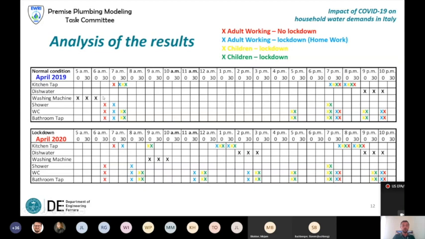If we look at the typical situation in the pre-lockdown period, let me say in April 2019, we can immediately notice that both the parents typically wake up at 6:30, 7 a.m. They use water in the bathroom for having a shower or using the bathroom tap, and after that they prepare breakfast and have breakfast.